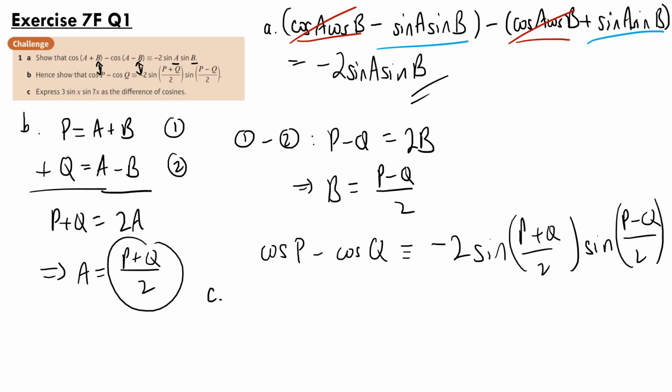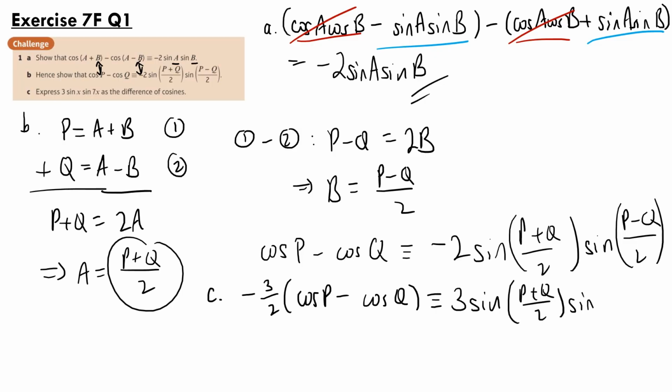If we want that to be 3, then we're going to multiply both sides of the identity by minus 3 halves. So we've got minus 3 halves cos P minus cos Q is equivalent to minus 3 halves times minus 2 gives us positive 3 sine of P plus Q over 2 sine of P minus Q over 2.